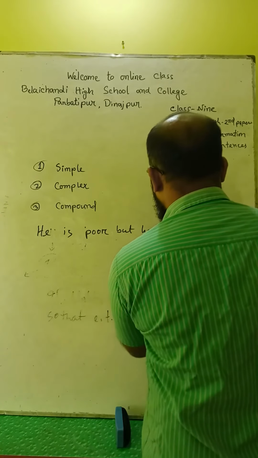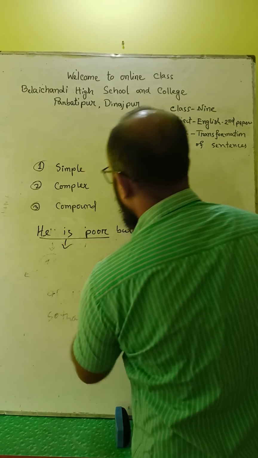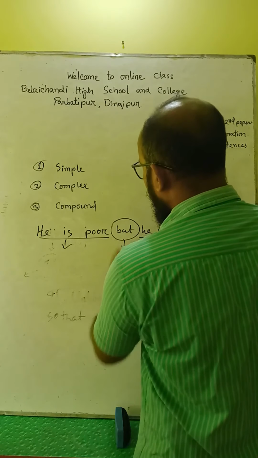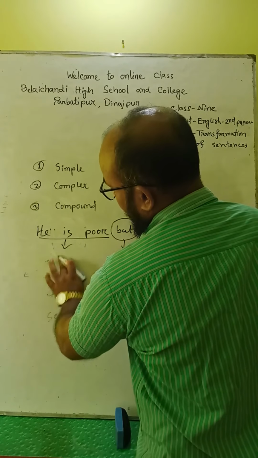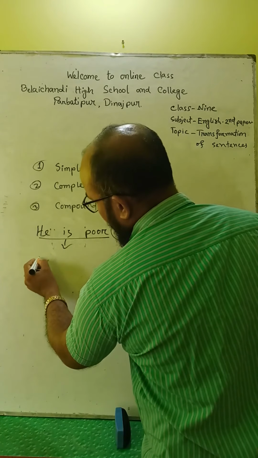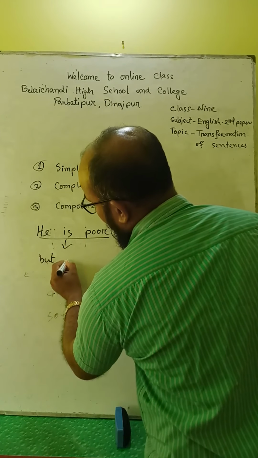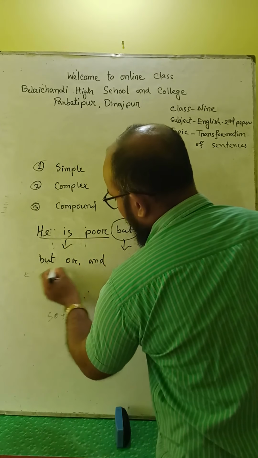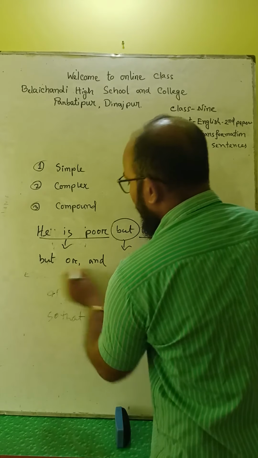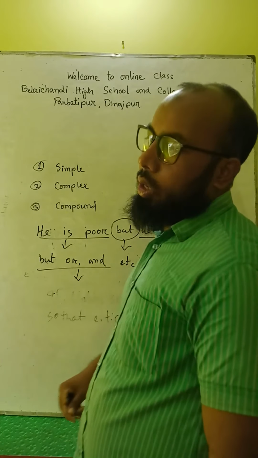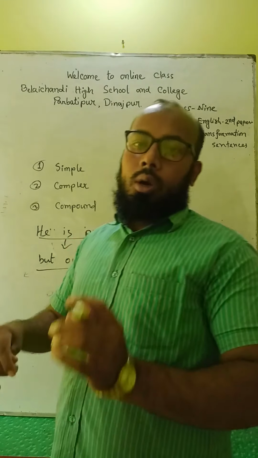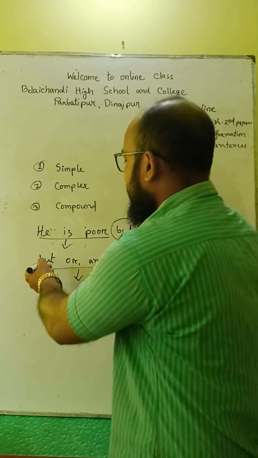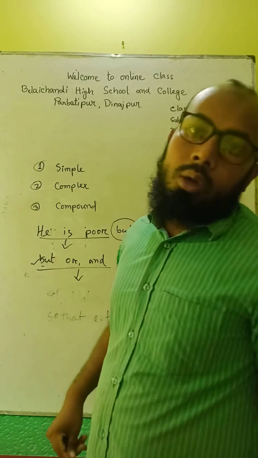Here two main clauses are combined by but, and but is a coordinate conjunction. But, or, and etc. are also coordinate conjunction. If two or more main clauses are combined by the coordinating conjunction, it is called compound sentence.